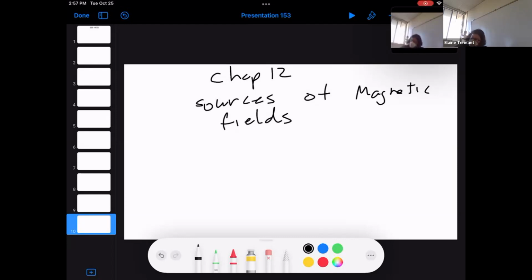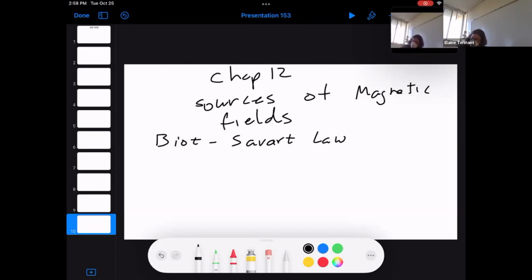So let's start with the Biot-Savart law, which is very much a hit-it-with-a-hammer sort of method. It'll always work, but it's not pleasant.